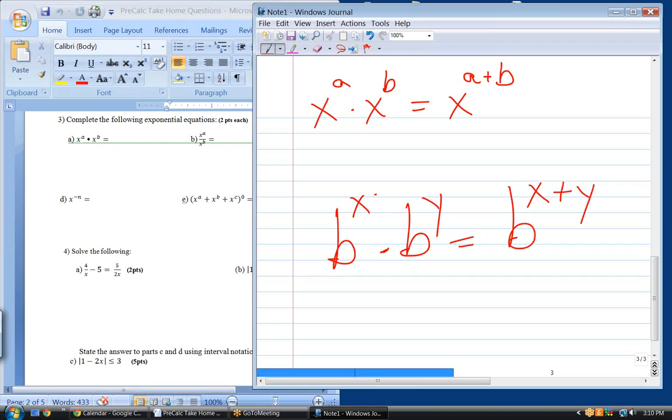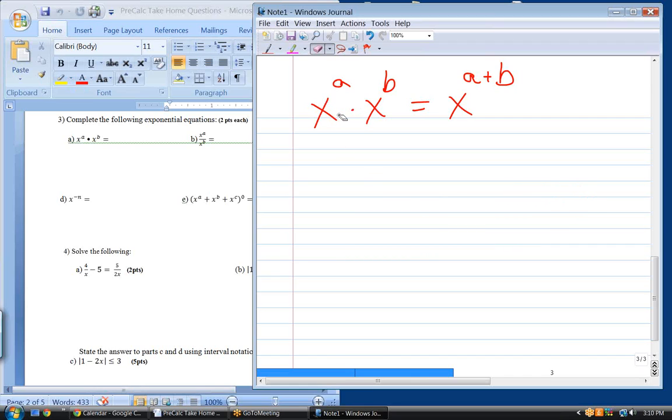So when you're dealing with exponents, always remember that you want to do one level less than is being done with the bases. I'm multiplying the bases, therefore I want to add the exponents.